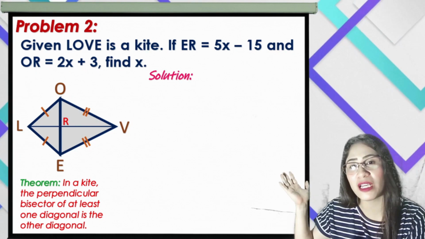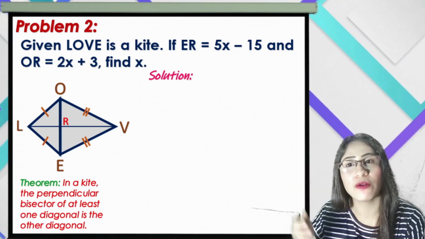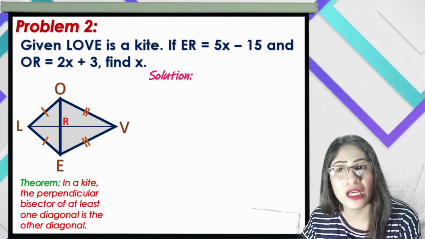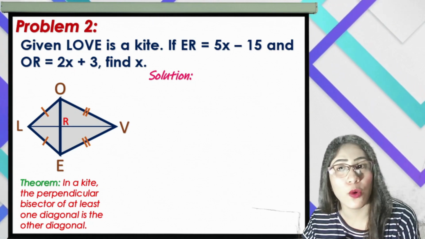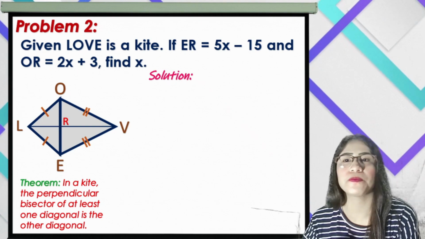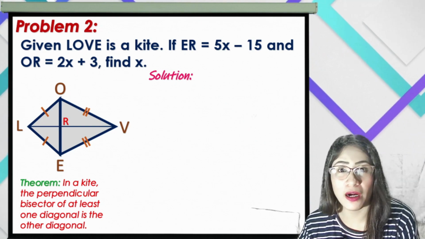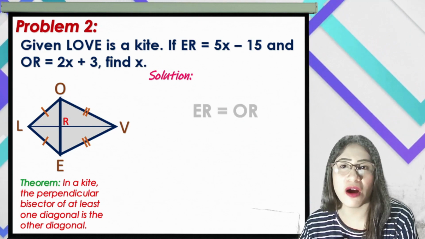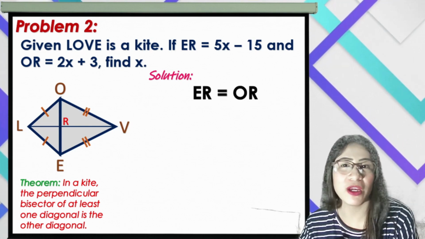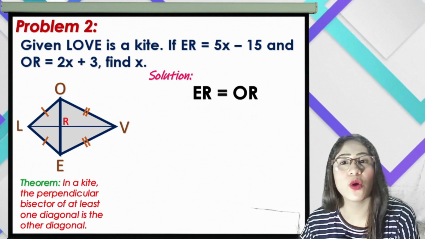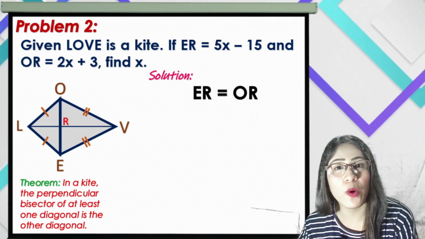In this example, the longer diagonal is LV, so LV bisects the shorter diagonal OE at point R. Therefore, ER is congruent to OR.